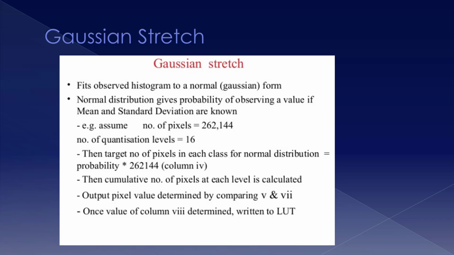Then the target number of pixels in each class for a normal distribution is the probability times 262,144. The cumulative number of pixels at each level is calculated, and the output pixel value is determined.